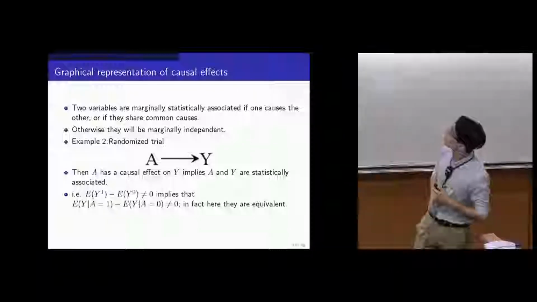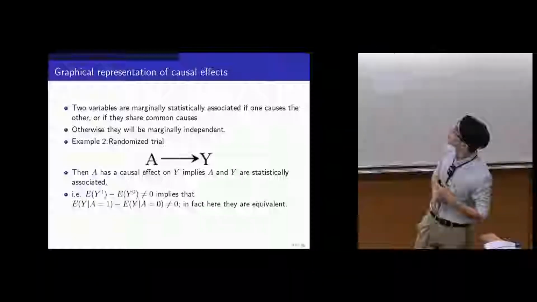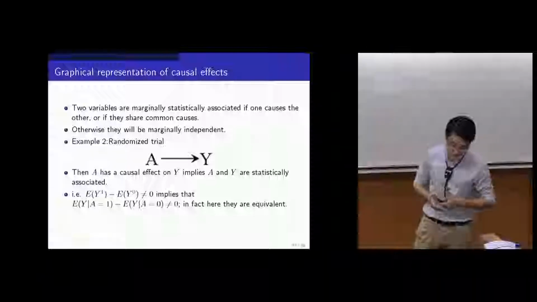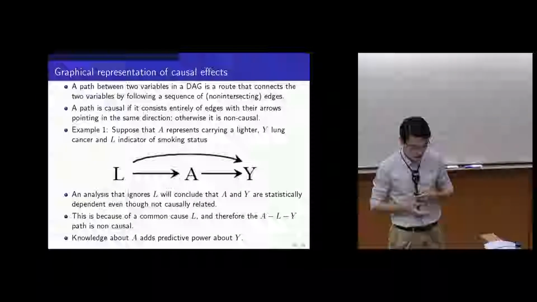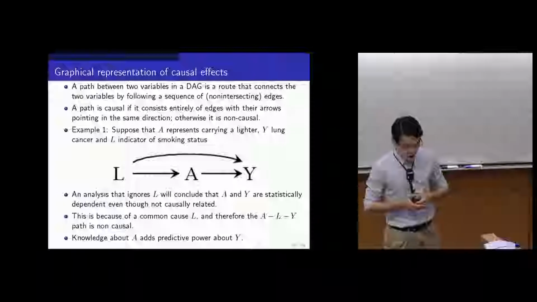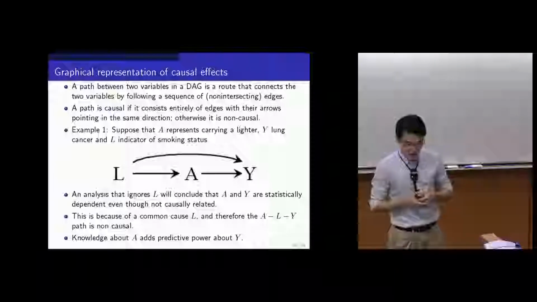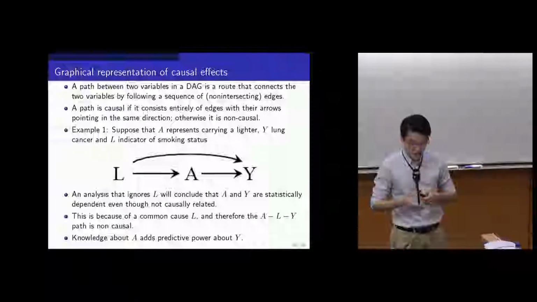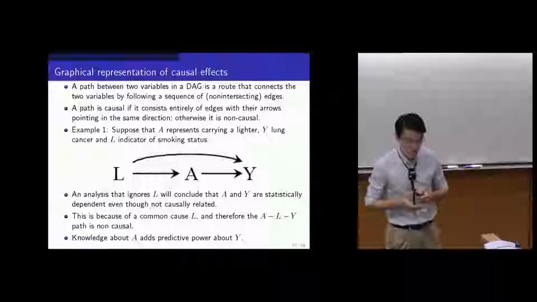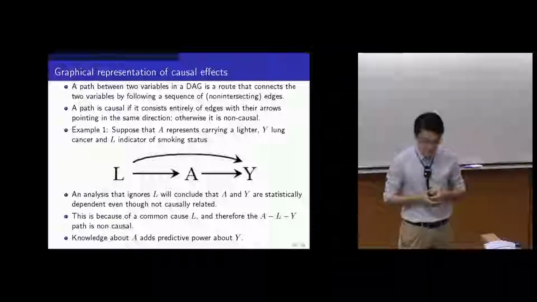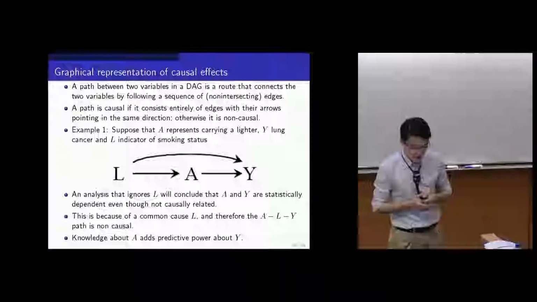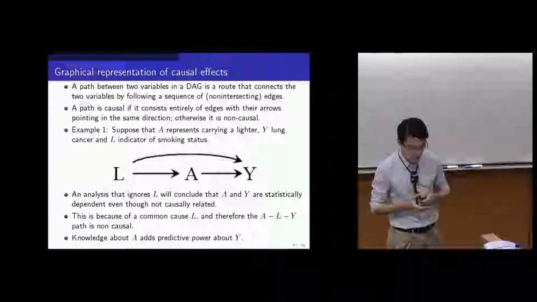So there's this path from A to Y, and it's a causal path. So a path between 2 variables in a DAG is a route that connects the 2 variables by following a sequence of non-intersecting edges. And we will see some examples on this. A path is causal if it consists entirely of edges with their arrows pointing in the same direction.